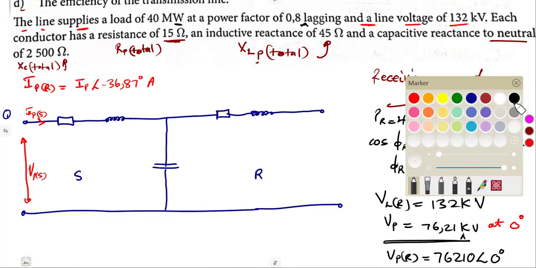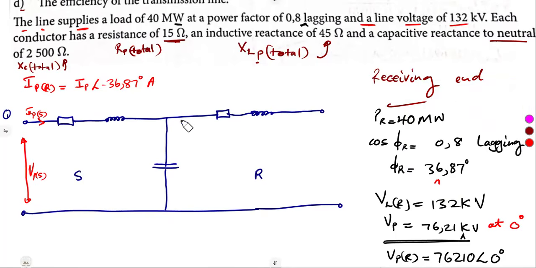You take the total resistance because they are sharing, remember. So we take that RP total and divide it by 2. Remember from the notes that we had. So this is RP total over 2. Meaning this resistance of 15 divided by 2 is 7.5. So this gives us 7.5 ohms.